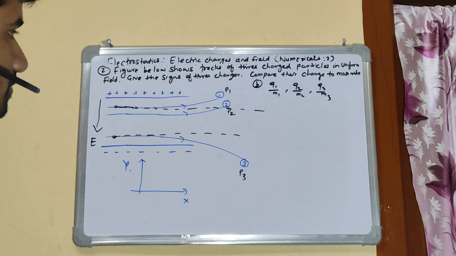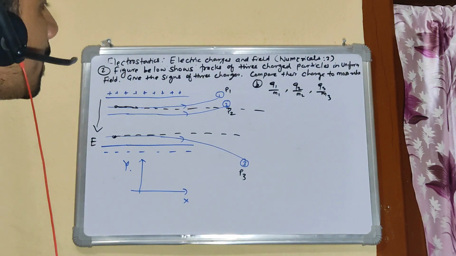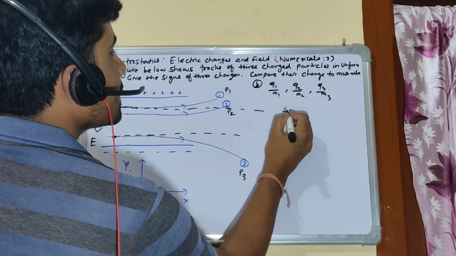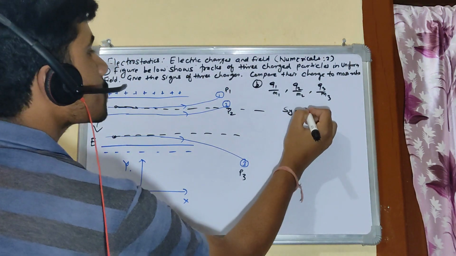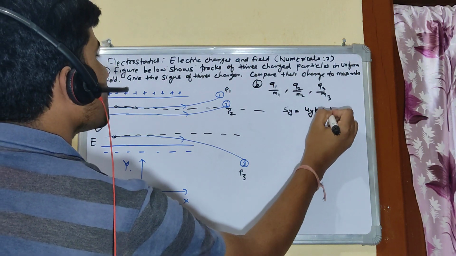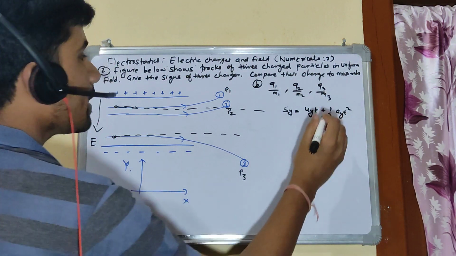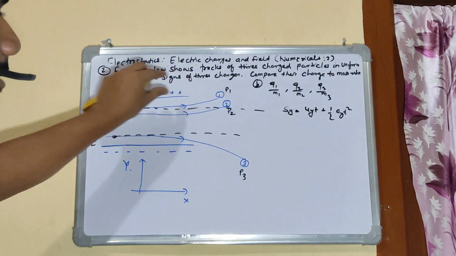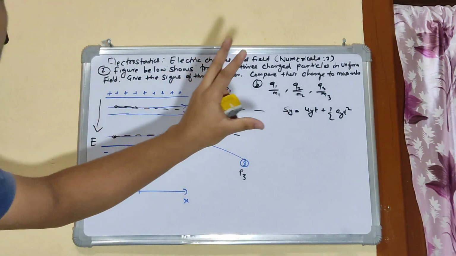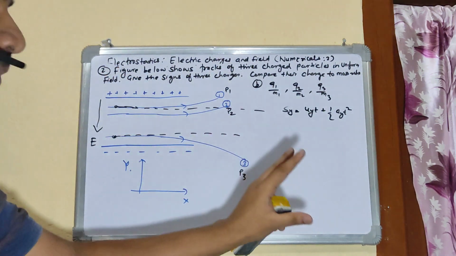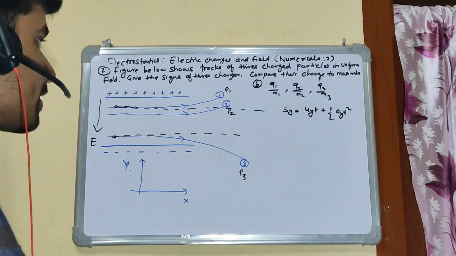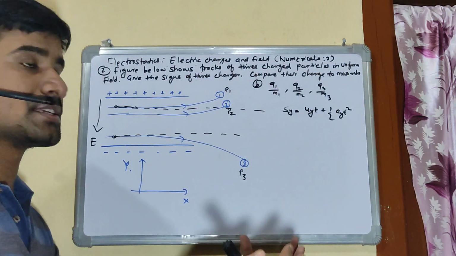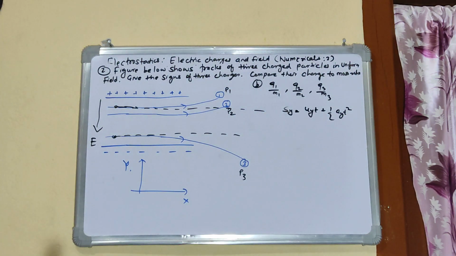Okay, so you know the equation of motion, right? Talking about the y direction, vertical, it is Sy equals Uy t plus half ay t square. Sy is the deflection for any particle, Uy is the initial velocity in the y direction, and ay is the acceleration in the y direction.